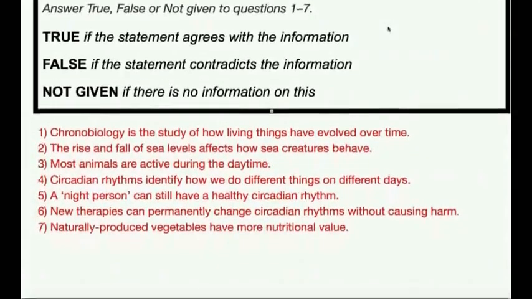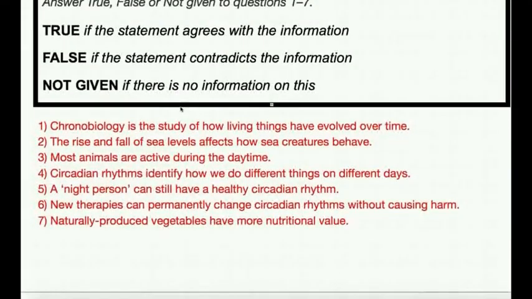So if we take a look at these statements, the first one, number 1, chronobiology is the study of how living things have evolved over time. So in this first one, I would underline chronobiology. So that's the word we'll use to find the answer in the text.